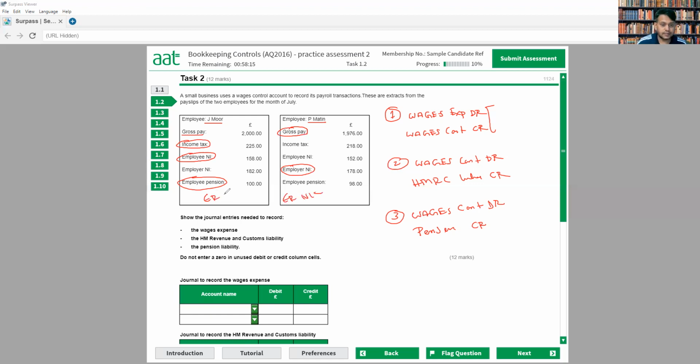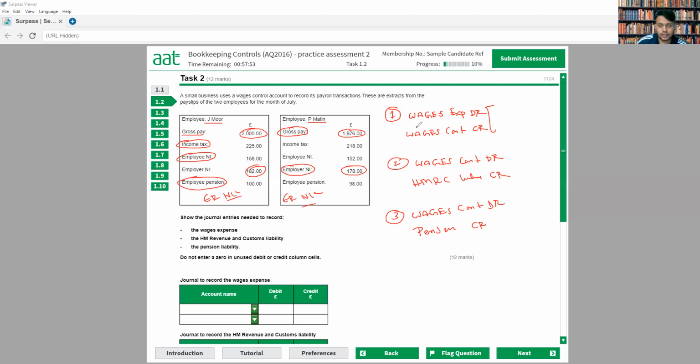This question doesn't have employer's NIC, but if the exam gives it to you, make sure you take it. So we have to add all of this. So we have to add gross pay 2000 plus employer's NI 182. For Martin 1976 gross pay and 178. If you add these 4, it will give us 4336.